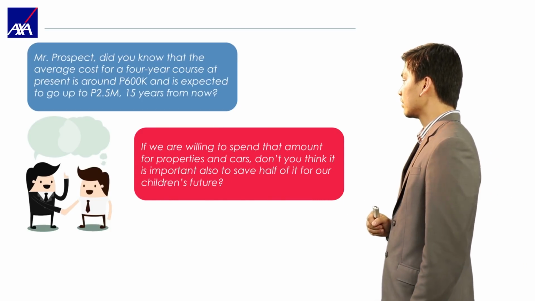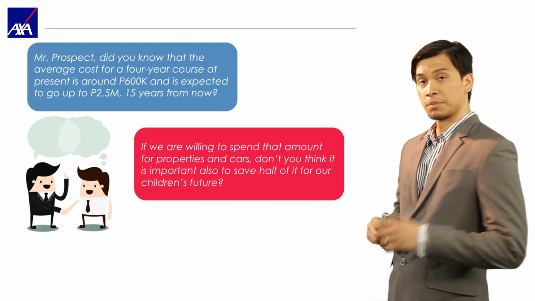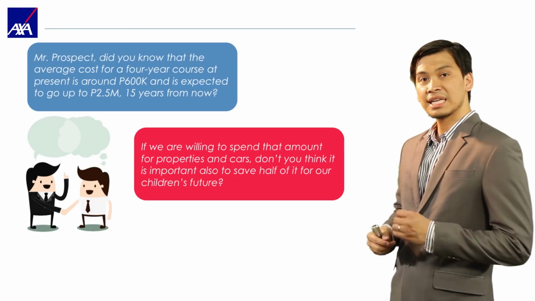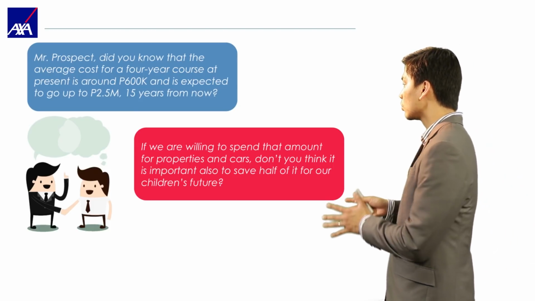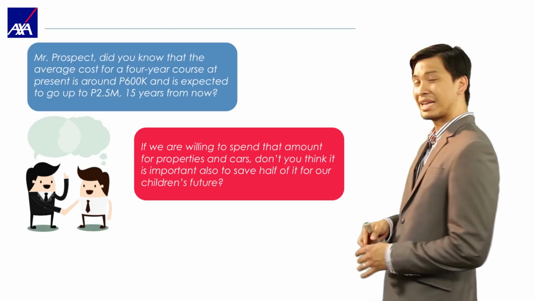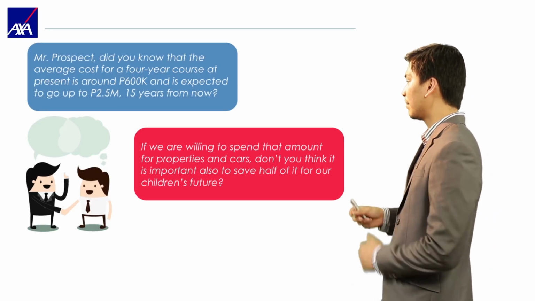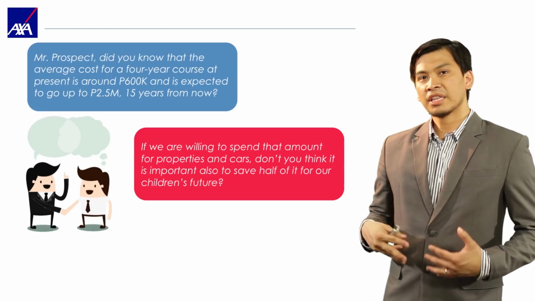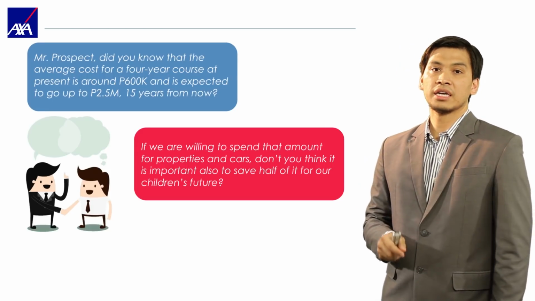If we are willing to spend that amount for properties and cars, don't you think it is important also to save at least half of that amount for your children's tuition? And with that question, you evoke the emotion from your client, helping them see the value of starting an educational plan today.